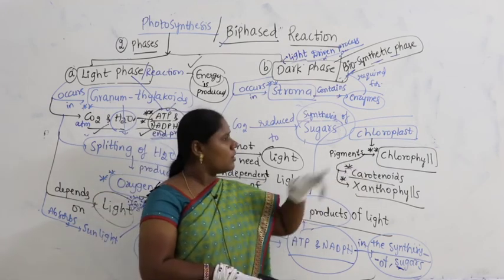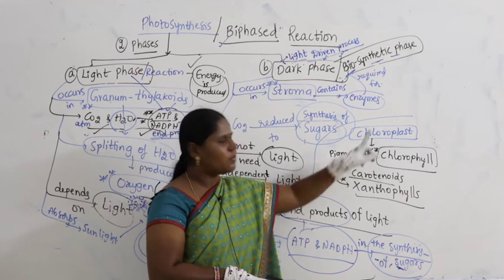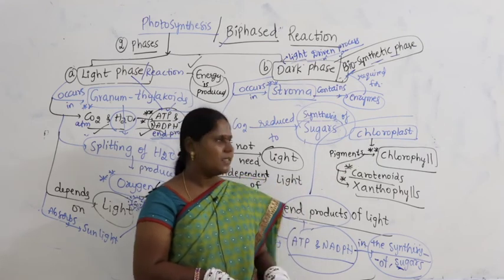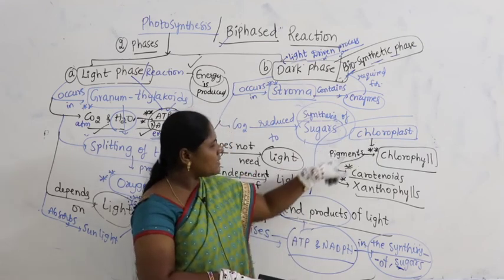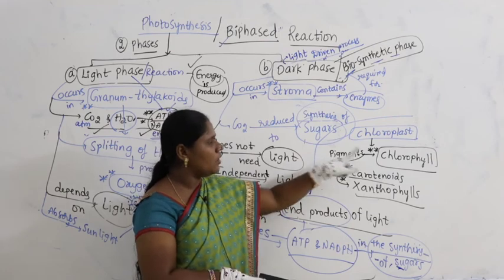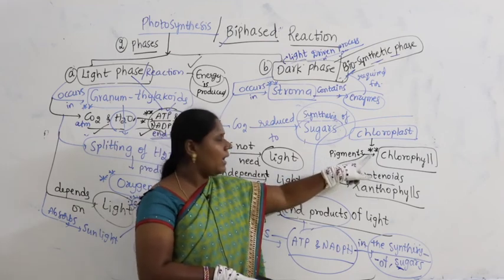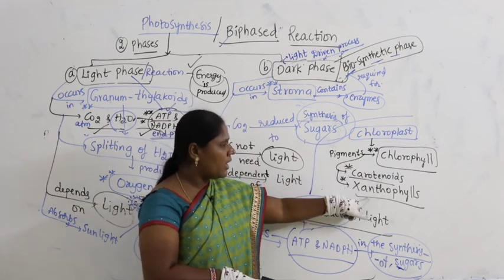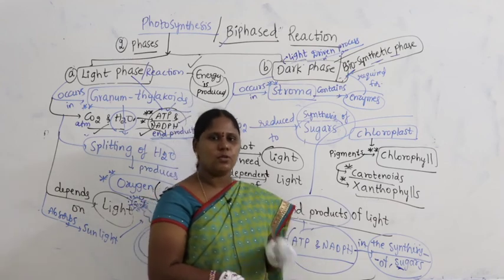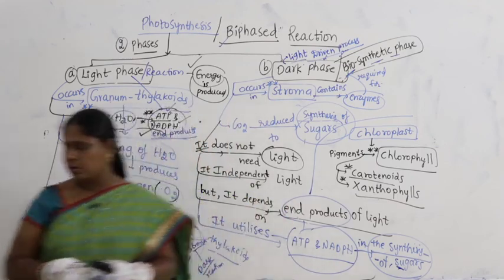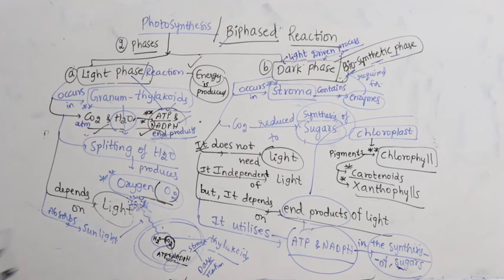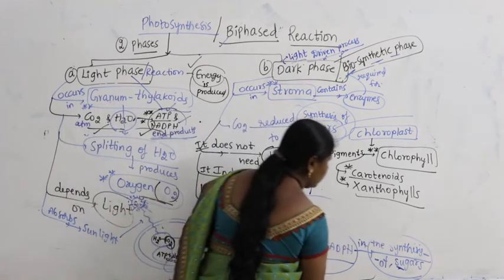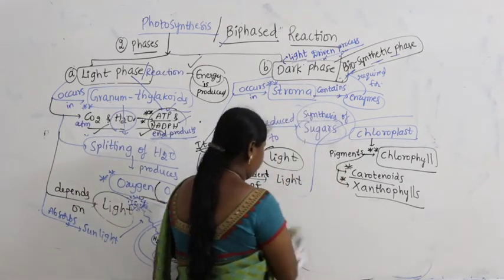Today we know chlorophyll is located on the special body called the chloroplast, right. So, the chloroplast contains the pigments. Which pigments? Chlorophyll is the main pigment, along with that we find carotenoids and also xanthophylls.